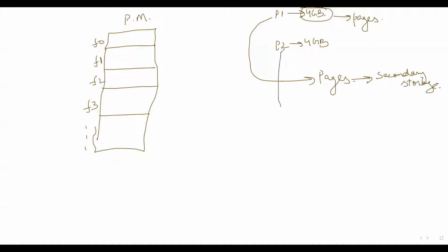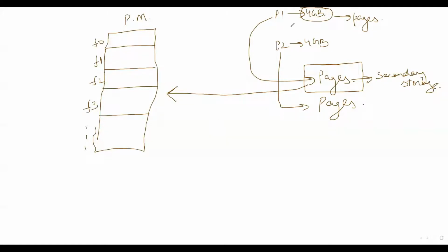Likewise, P2 also has its pages. Now let's say my processor is running these processes P1 and P2. It will bring some of the pages from this memory to the physical memory. Because whenever we have to run a program, the page should be loaded from the secondary storage into the primary memory, and our program should be there in the primary memory.